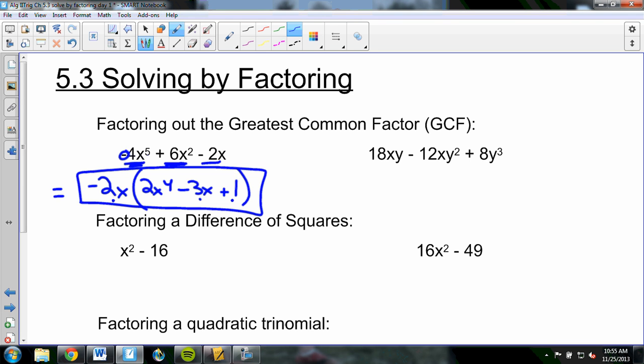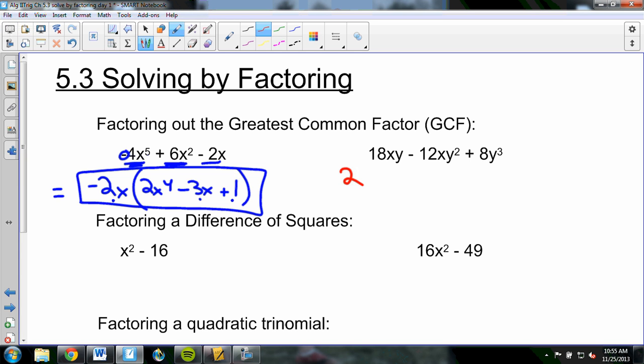What's the GCF in the second one? 2, 4. Can 4 go into 18? Yes. No, it's 2. Can 6 go into 8? I thought it was 18.